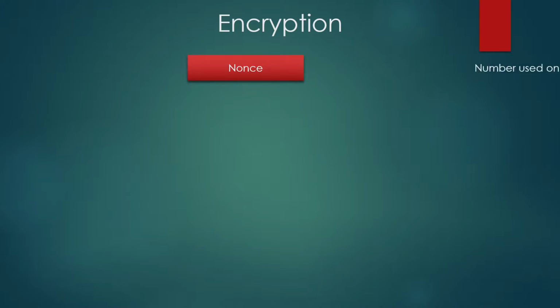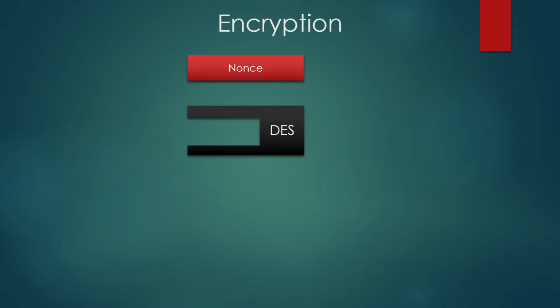A nonce means number used only once. The nonce has a length of the input block size of the encryption method chosen. For our example, which is using the DES encryption method, the nonce length would be 64 bits. This nonce value is used as the initial counter value.